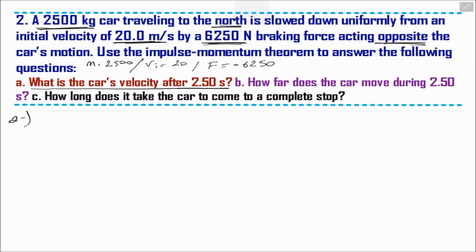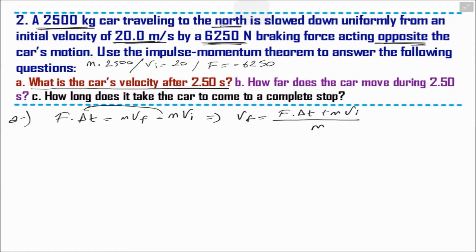So due to the impulse-momentum theorem, F times delta t equals m times v final minus m times v initial, and it's asking for the final velocity. So if we move this one over and divide both sides by m, v final will be F times delta t plus m times v initial, over m.